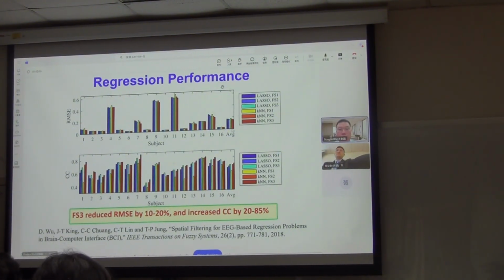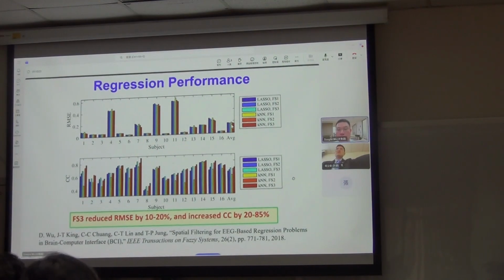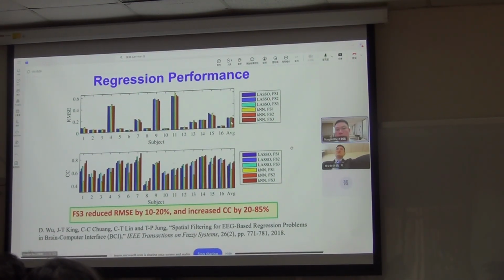Here, for the average performance, it may not be easy to distinguish among these very clearly, but for their numerical values, we computed that the improved feature set reduces the root mean squared error by 10 to 20%, and also increases the correlation coefficient by 20 to 85%.